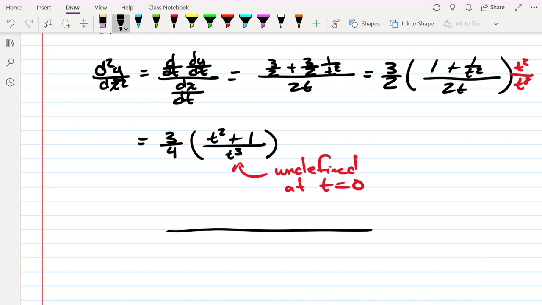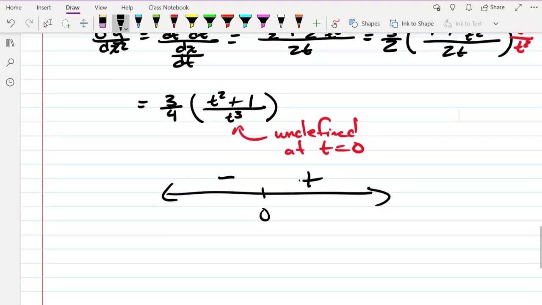So then we have our number line. If we check something to the left of 0 for t, we have a negative. So we're going to get a positive in the numerator times a negative in the denominator, so that's negative. And if we plug in something positive like 1, 1 squared is 1, so 2 in the top divided by 1 cubed in the bottom is 2, which is positive.